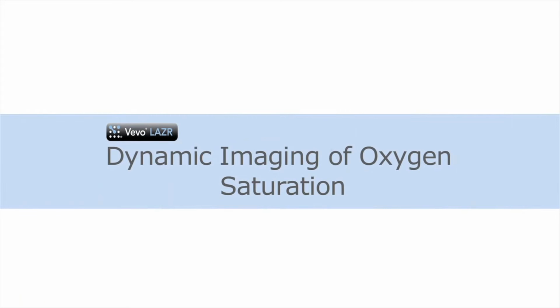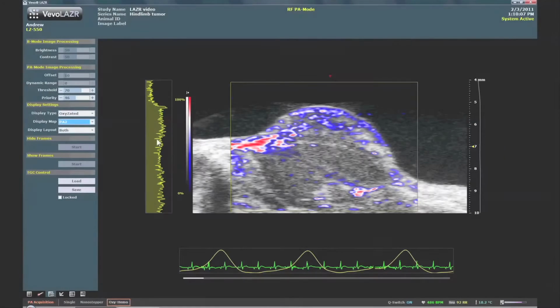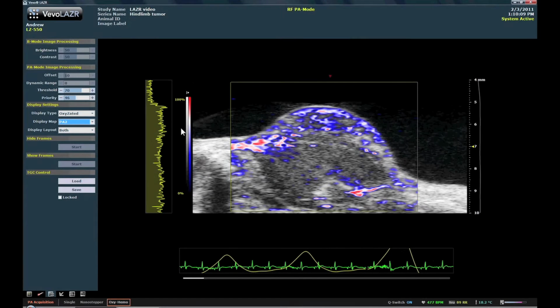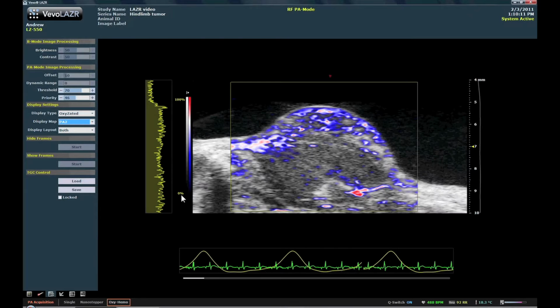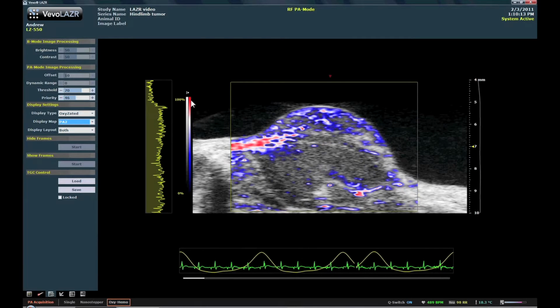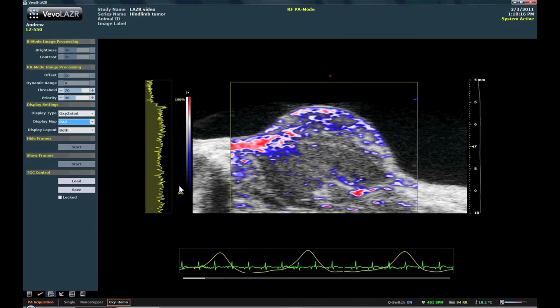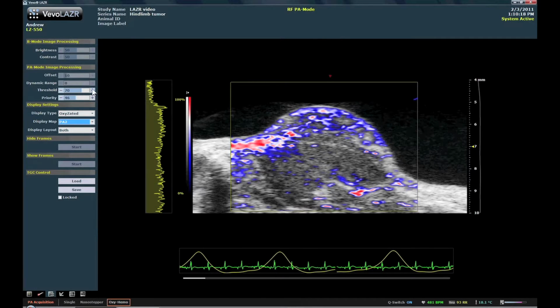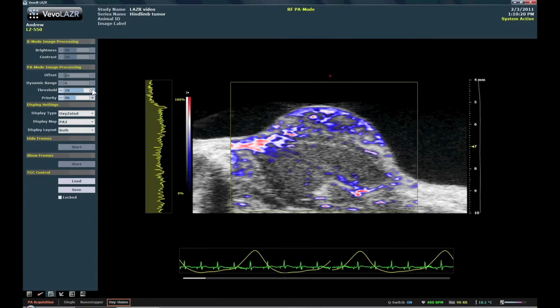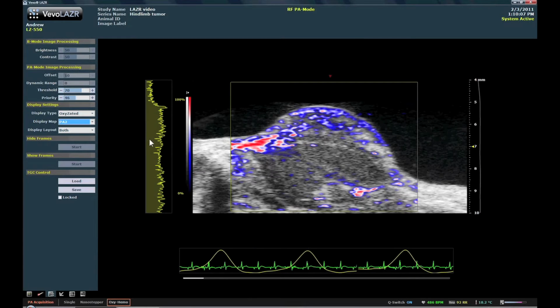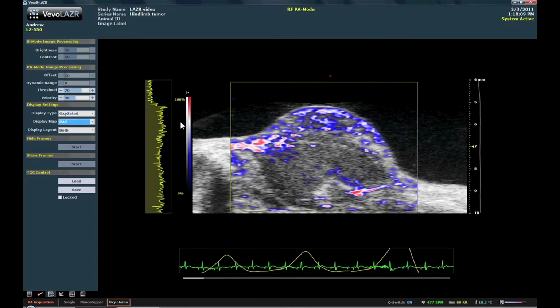Imaging oxygen saturation is one of the key functionalities of the Vevo LAZR photoacoustic system. The Vevo LAZR is capable of measuring oxygen saturation within the tissue based on the differential absorption spectra of the oxygenated and deoxygenated blood. This rendering shows hypoxic regions in a mouse hind limb tumor in blue, as well as highly vascularized and therefore oxygenated regions in red.